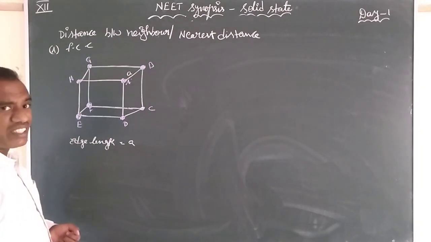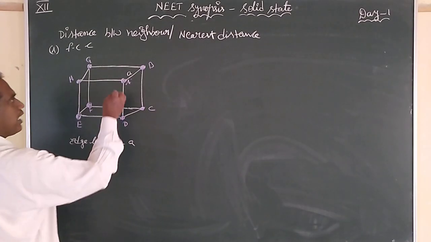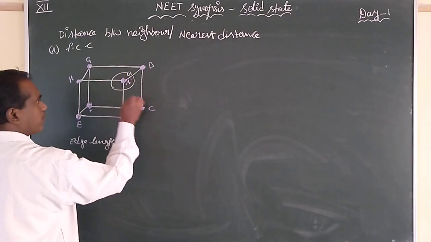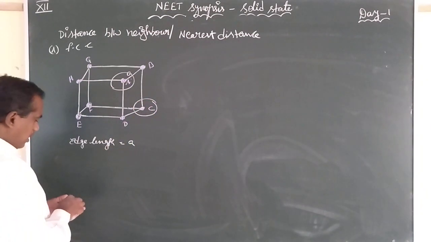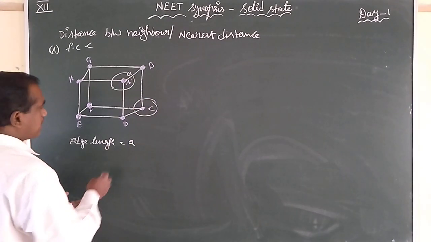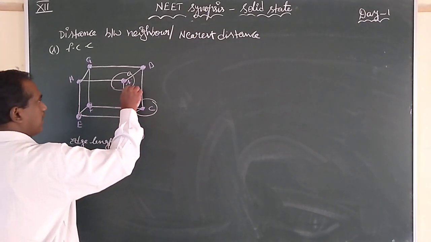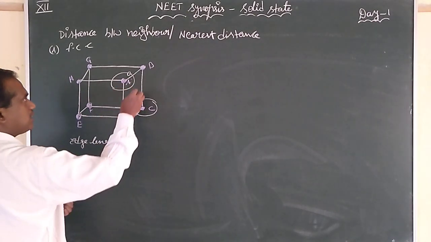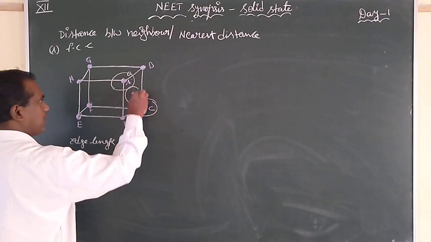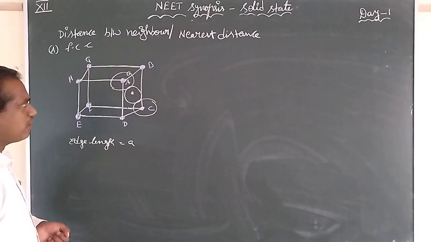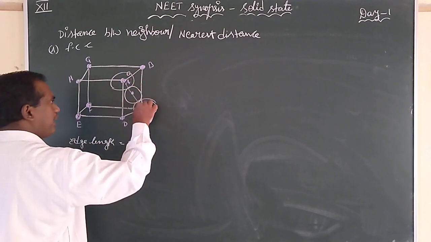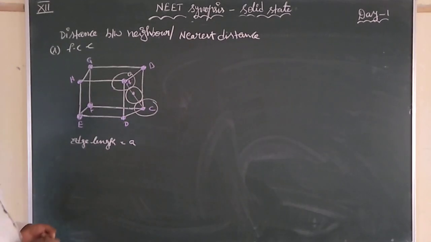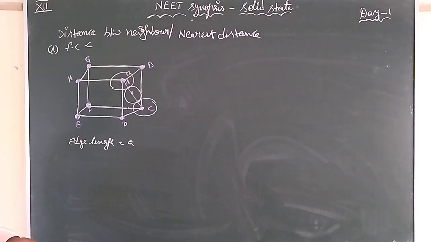What is meant by face centered? Here one atom is there on one corner, here another atom is there on another corner, and there is an atom at the center. Here I am drawing one face diagonal. We can speak of the face diagonal; any face you can take.